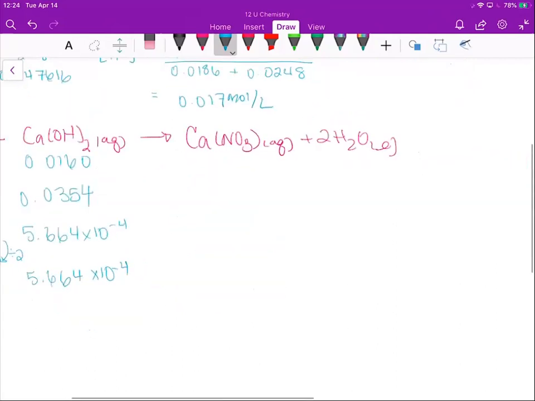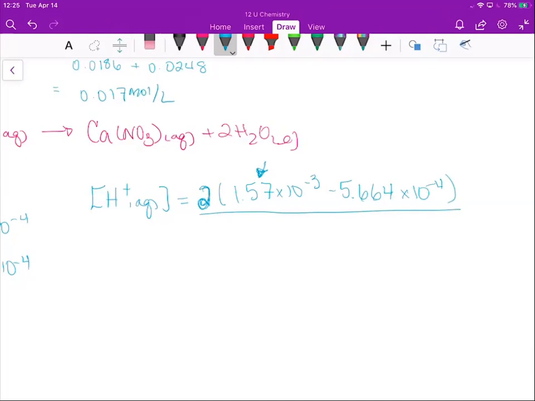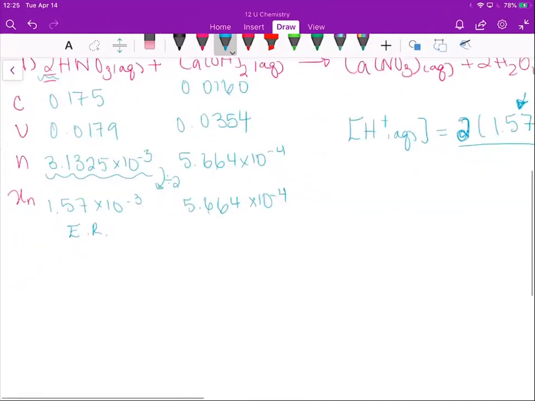I'm going to do exactly the same thing over here, where I'm going to calculate the concentration of hydrogen. Whatever number I have here, 1.57 times 10 to the minus 3 minus 5.664 times 10 to the minus 4, I have to multiply by 2 because this is the excess amount of nitric acid, but we've already divided that number over here by 2.